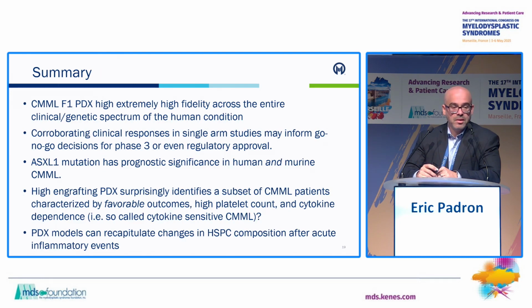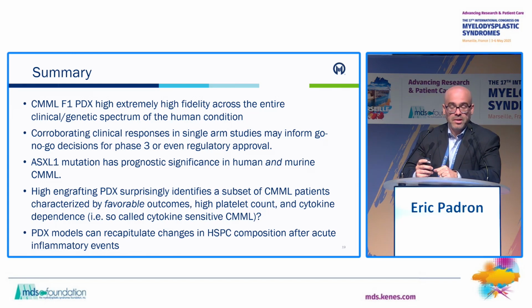So in summary, CMML F1 PDXs have extremely high fidelity. They're straightforward to do, and they recapitulate a lot of features of the disease. You can corroborate clinical response. Maybe that helps inform go/no-go decisions from single arm to phase 3 if they can be done, or maybe even provide some ancillary support during regulatory approval.